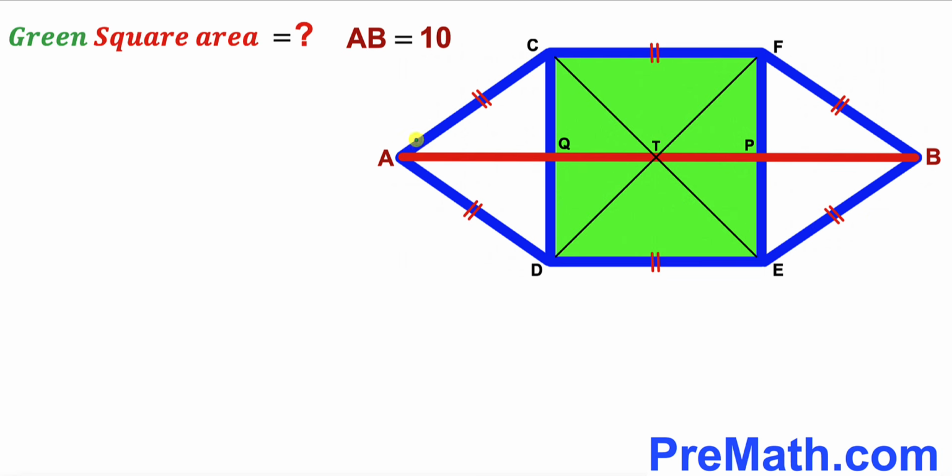Furthermore, the side of this equilateral triangle is equal to the side length of the square, and likewise the side length of this equilateral triangle as well. Therefore these equilateral triangles are identical. Our task is to calculate the area of the green shaded square CDEF.